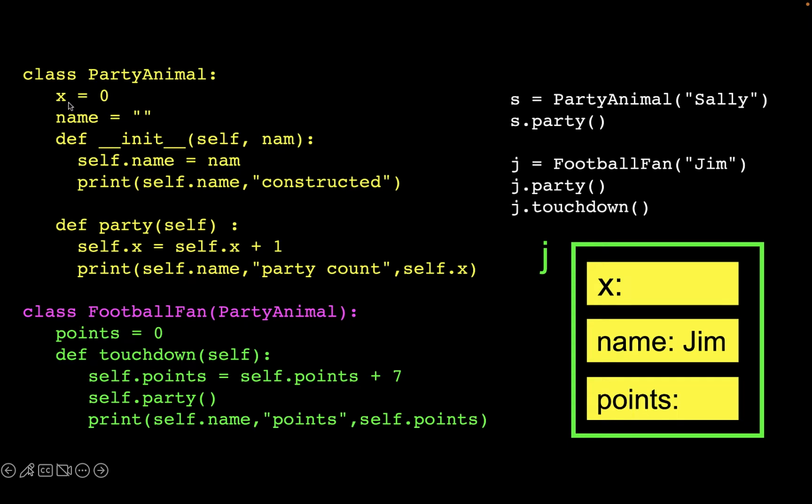So it knows about x, it knows about name, but it also knows about points. These are football points. And behavior wise, what can it do that a party animal can't? Well, it inherits party from party animal, but in addition, it's got a touchdown. This is sort of a touchdown celebration that the fans would do.